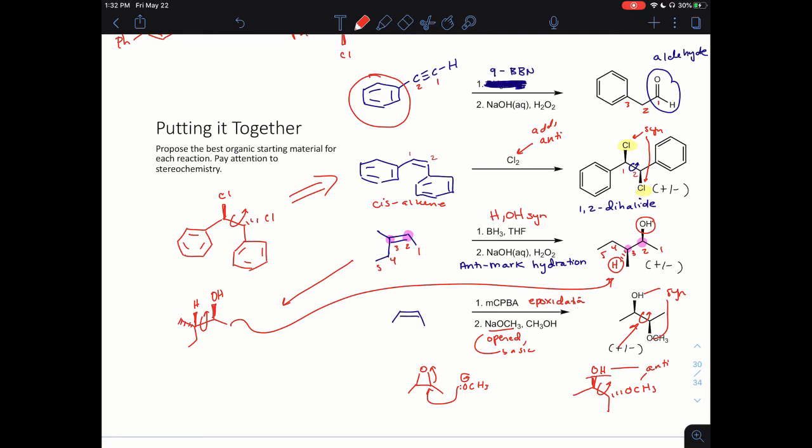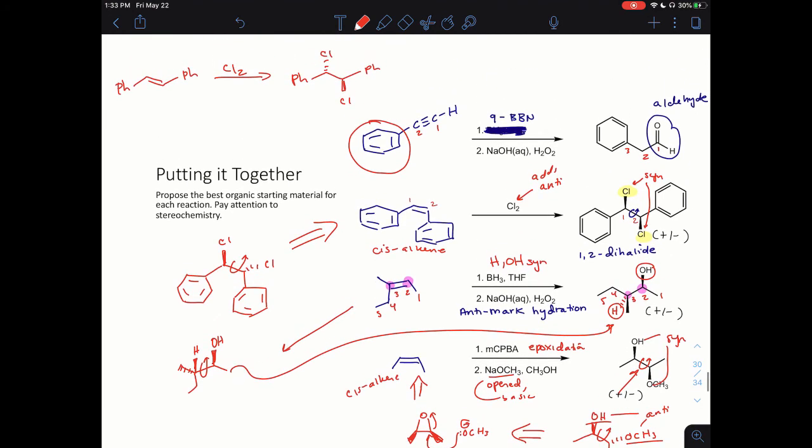But since this is the conformation in which the two groups are anti, that means that we should have our methyl groups cis to each other in the epoxide, which means we should have the cis alkene. I told you these are tricky. Okay, good. Good.